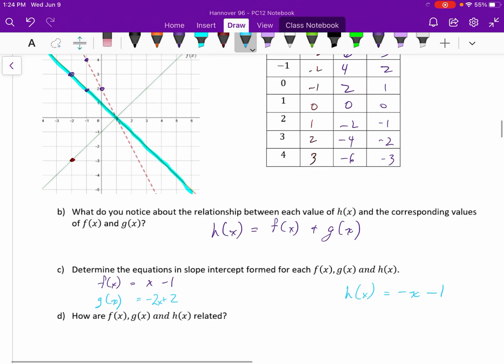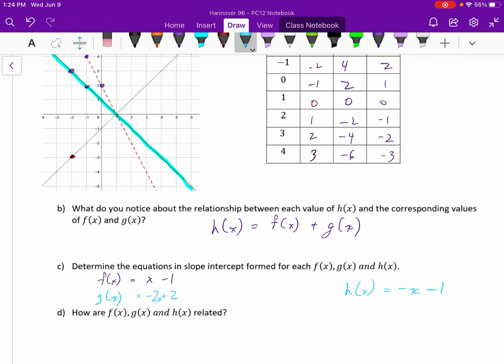So how are f of x, g of x, and h of x related? In points, h of x was defined as f of x plus g of x, but when we take a look at the equations, it's probably best to define h of x as f of x plus g of x.